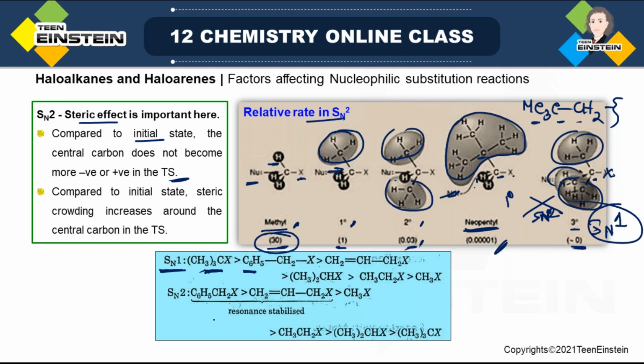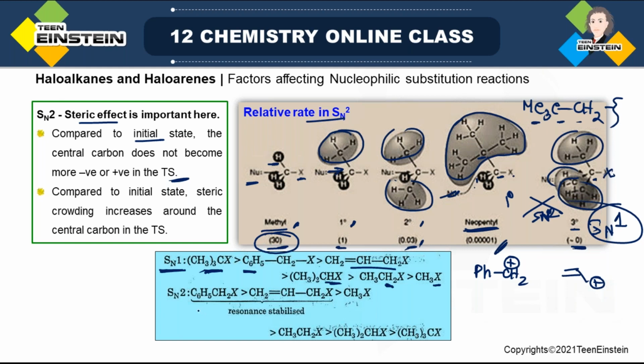Then the next one is PhCH2X, that is benzyl halide. Why is it giving a better result? Because the carbocation is highly stable. After that you have allyl halide. Here the carbocation is like this. Then you have Me2CHX, a 2 degree isopropyl halide. And this is ethyl halide, this is methyl. As you move towards the right hand side, gradually the rate decreases.